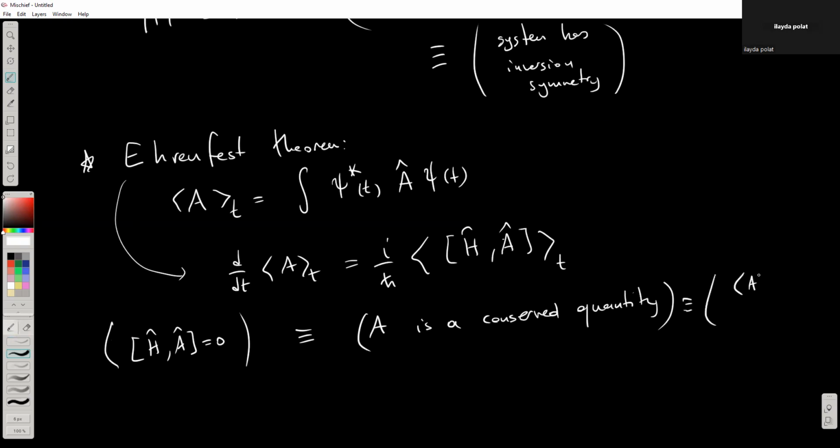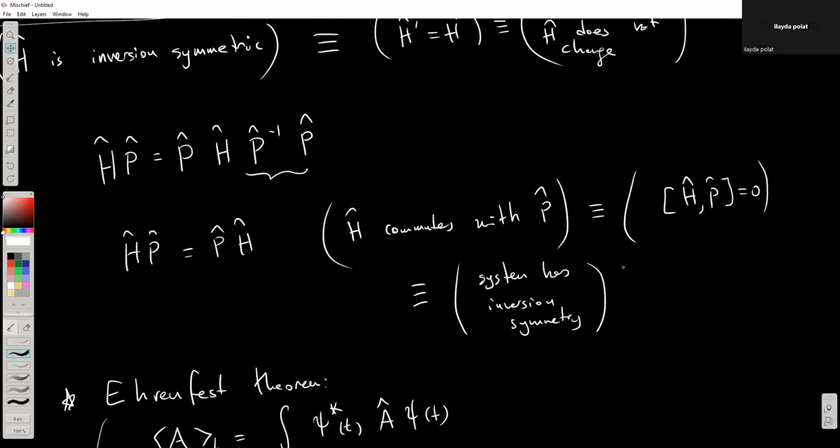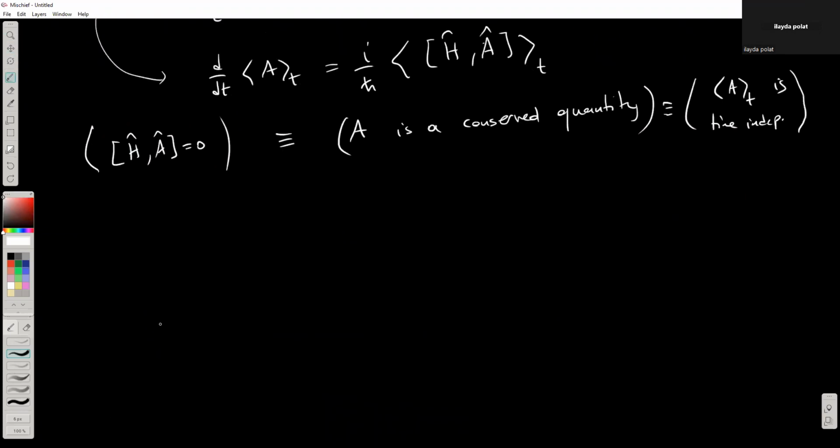This is the same as the expectation value of A being time independent for all possible states. So that statement is equivalent to that mathematical statement, and therefore I can relate this to symmetry. That's the last statement here: the system has inversion symmetry.